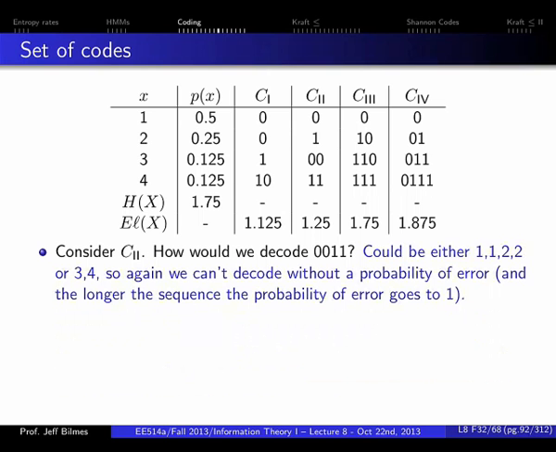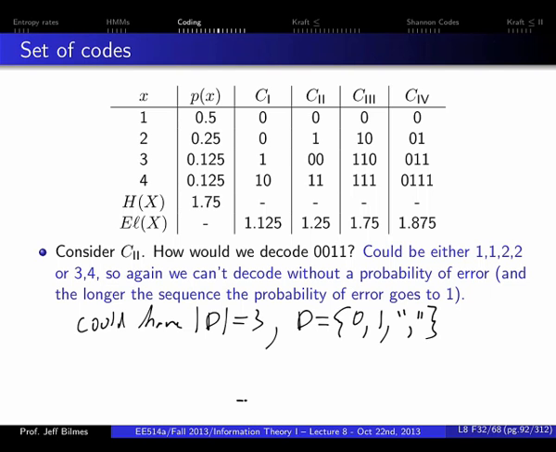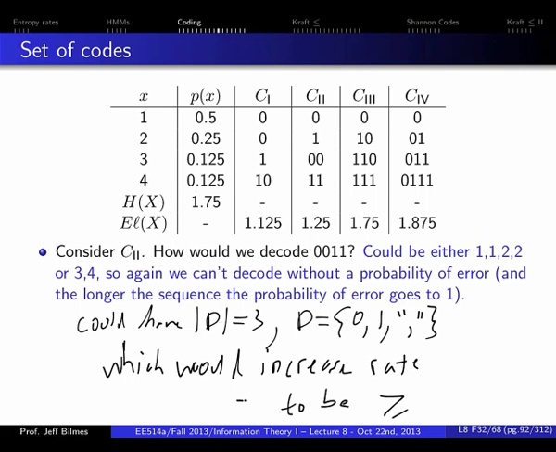Actually, what I should do is have D equal to 3, namely D equal to 0, 1, and a comma symbol, which would increase the rate to be greater than or equal to the entropy.